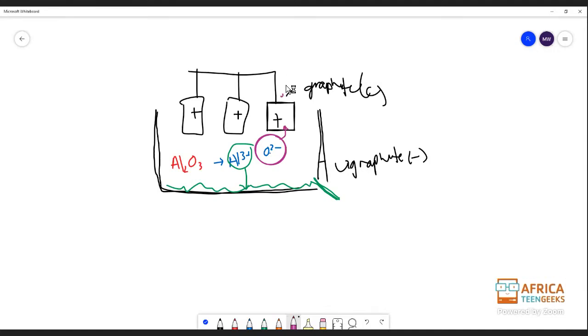So they form gas as CO2. And every time they bond with a carbon, they are slowly but surely breaking down the anode. So it's becoming smaller and smaller and smaller. So that means this is very expensive because you have to replace it regularly. And then, like I was saying, because aluminium oxide has such a high melting point, we add cryolite to it.